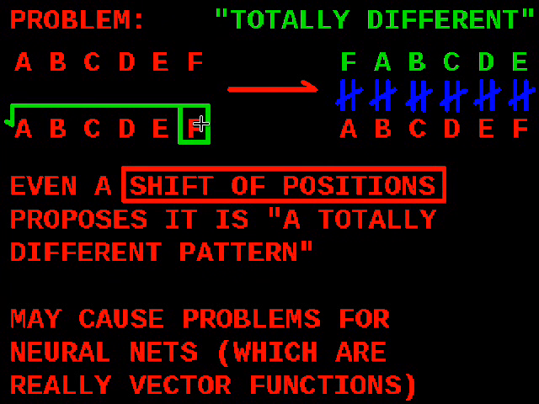So, if you put an F here in front of the A, then every single position will be different, and the vector comparison is going to tell you it's a completely different pattern.